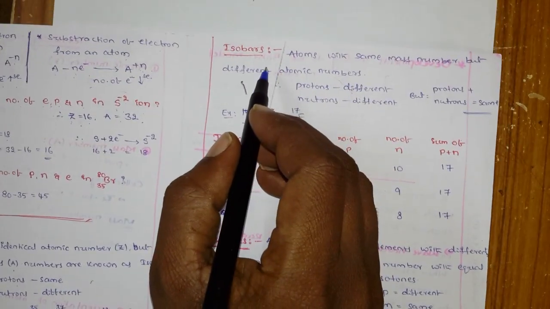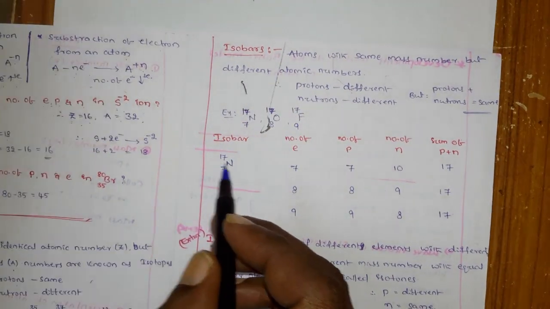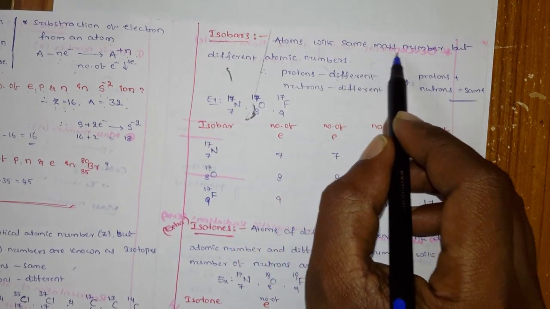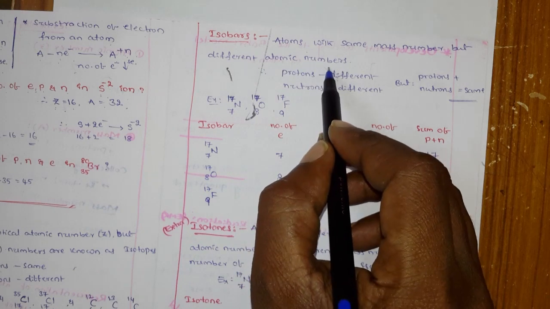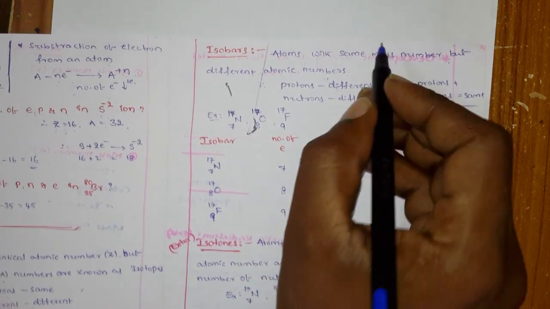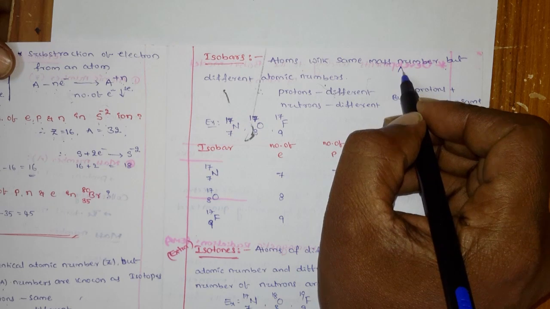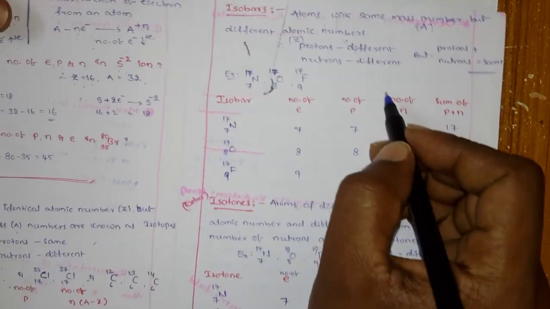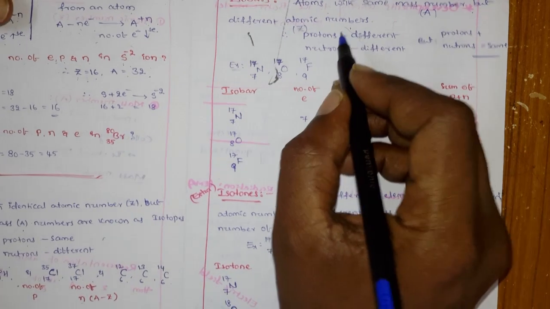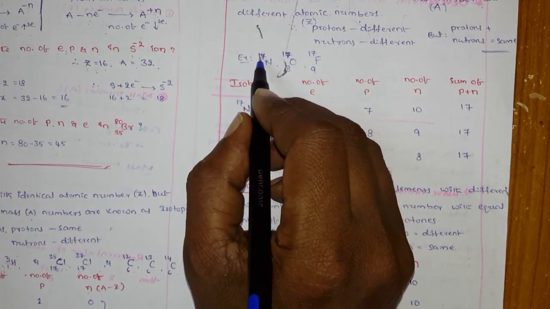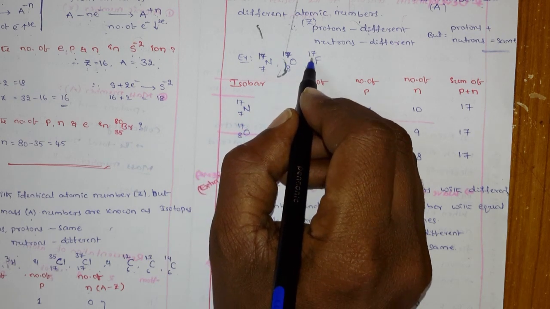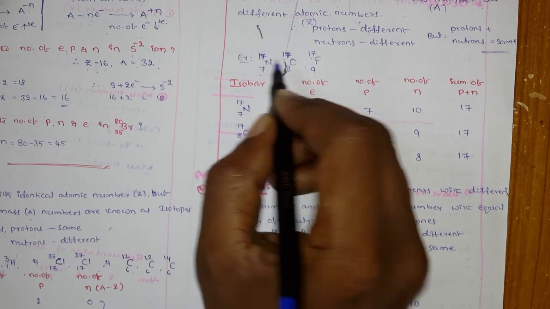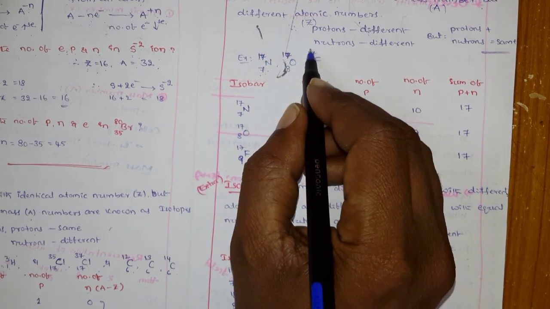The next one is the isobar. What are isobars? Isobars are atoms with the same mass number but different atomic number. Here the mass number A should be the same, but there should be a difference in Z. Look here, the mass number is 17, 17, 17, but the Z differs: nitrogen 7-17, oxygen 8-17, fluorine 9-17.